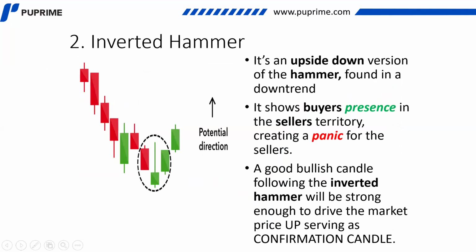Now the second type of candlestick I want to talk about is the inverted hammer. This inverted hammer shows us the pressures of sellers in a particular time frame, but they could not push the market down to a certain level. Let's say this level is the low and this level is around $20.